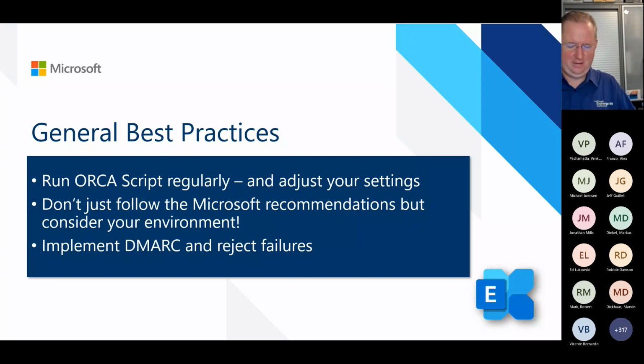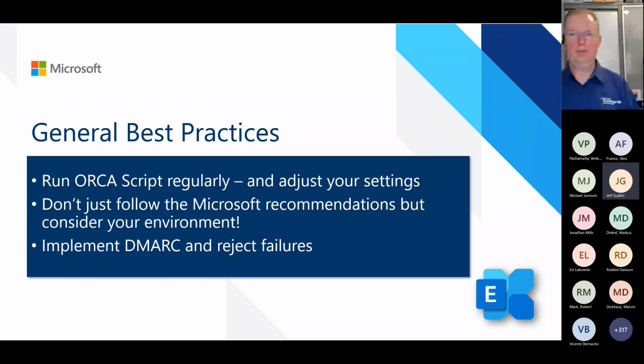Yeah. The other thing I want to mention is DMARC. The three policies for DMARC are none, quarantine, and reject. Having a DMARC policy of p=none is better than having no policy at all. It does show that you have DMARC implemented.